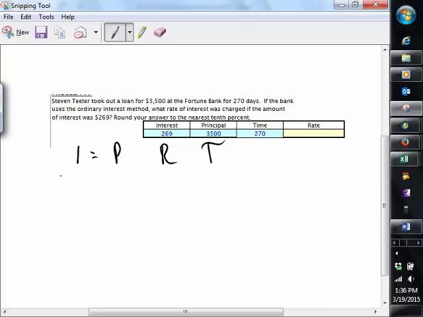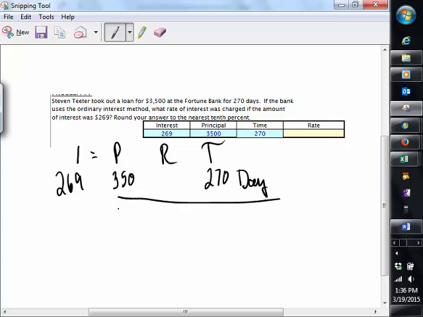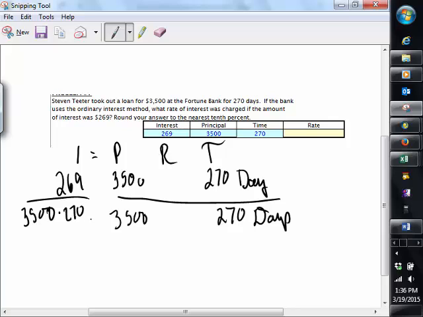In this case, the interest is 269, the principal is 3,500, and the time is 270 days. So to get the R all alone, we have to divide both sides by 3,500 and 270 days. And then R will be all alone.